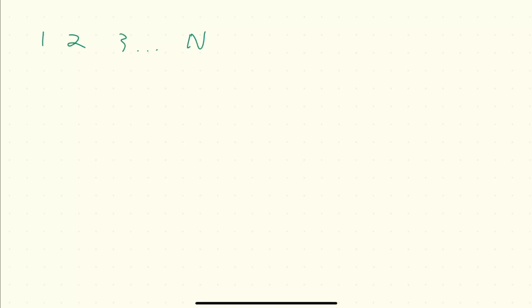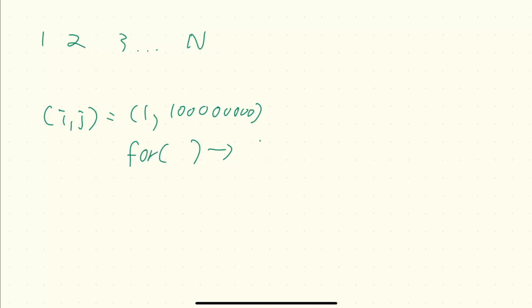Because think about this, right? If you were to have i, j of 1 through 1 million, that means that we need to make a for loop that sums up these things, and that's going to take a million.